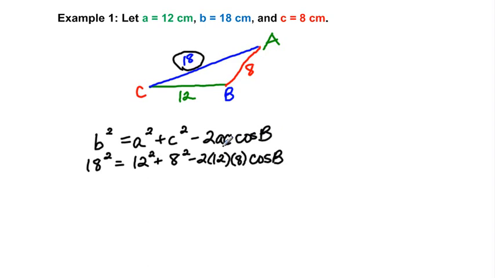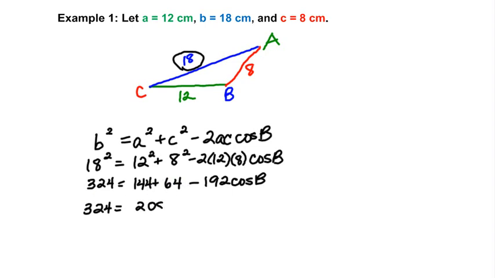So we start by finding what 18 squared is, which is 324, and that's equal to 144 plus 64 minus, now if we say 2 times 12 times 8, we're going to get 192 times cosine B. So on the right side we can combine 144 plus 64, that's 208 minus 192 times cosine B. So now we subtract 208 from both sides to get 116 is equal to negative 192 times cosine B.